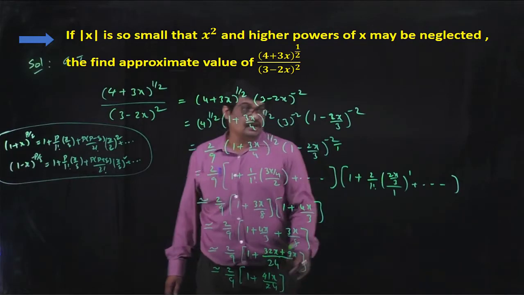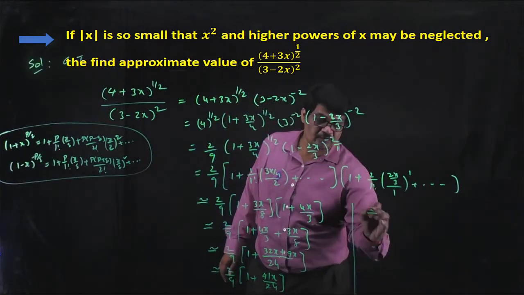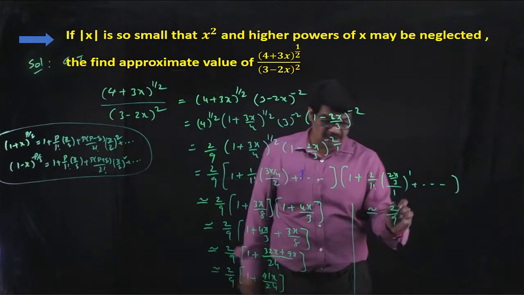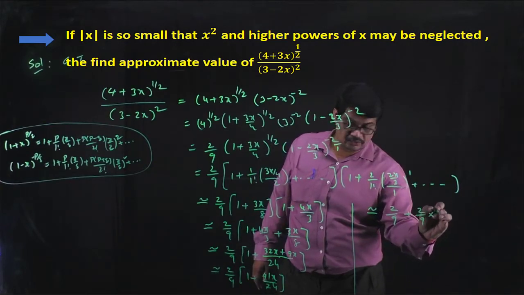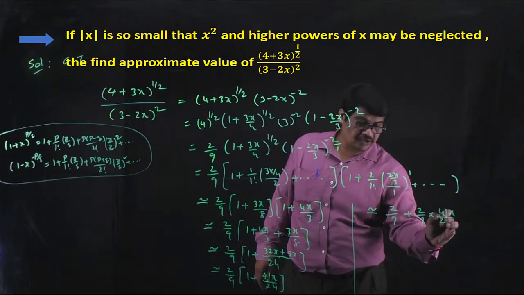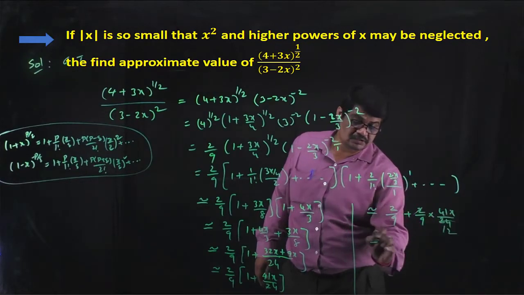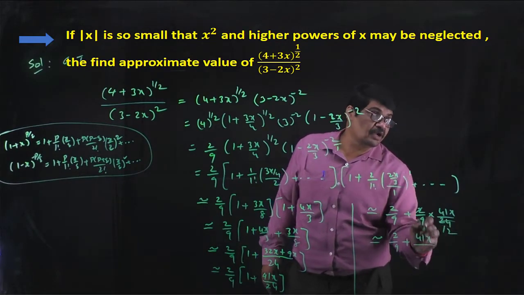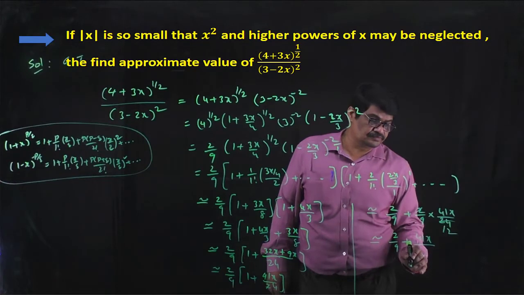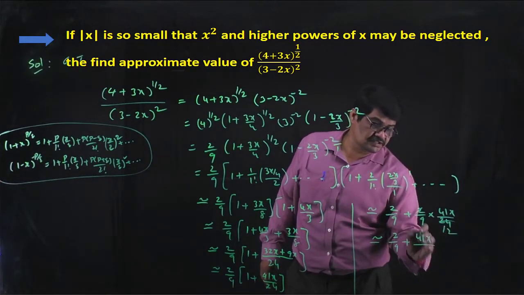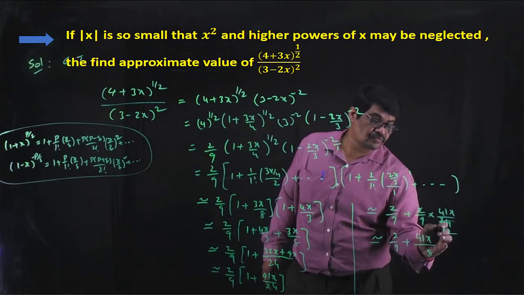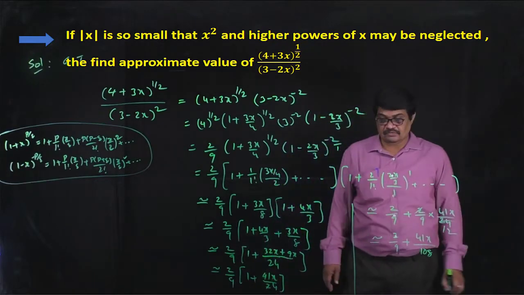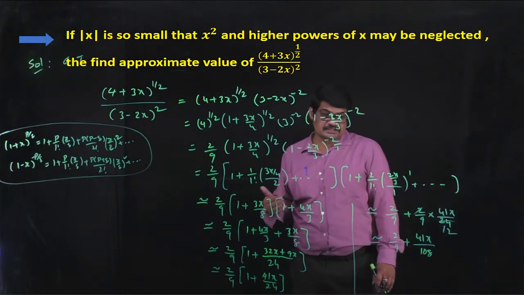Now we are simplifying this one. That is approximately 2 by 9 plus 2 by 9 into 41x by 24, that is 2 twelves are, so approximately 2 by 9 plus 41x by 108.